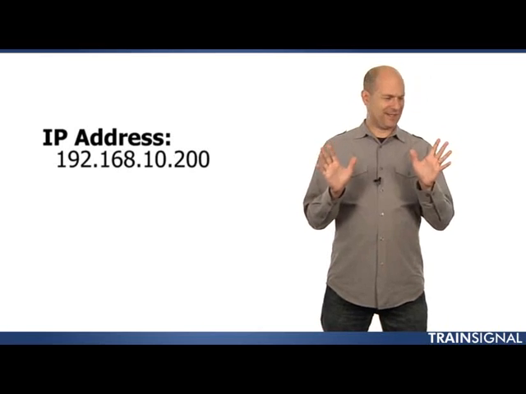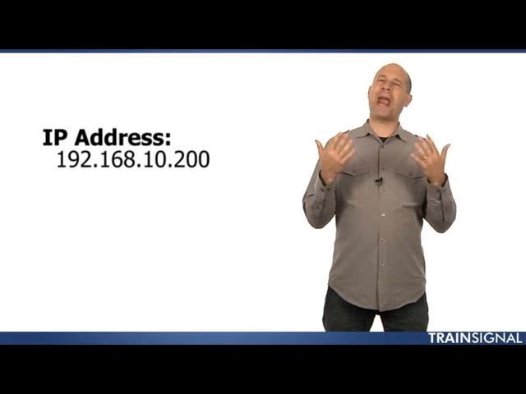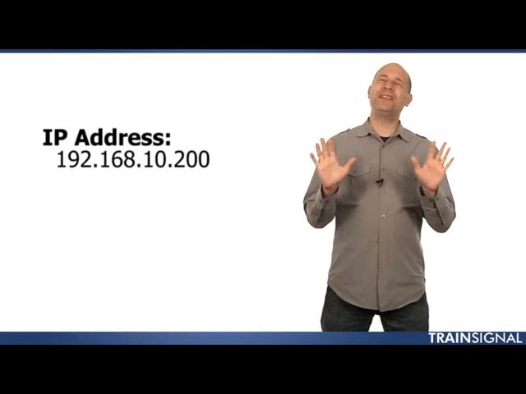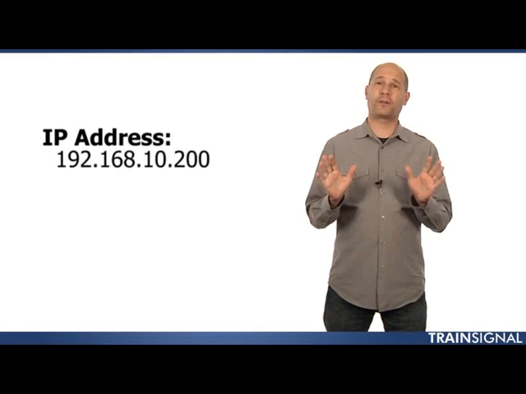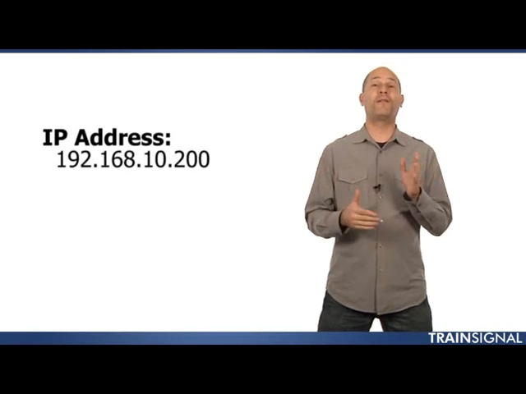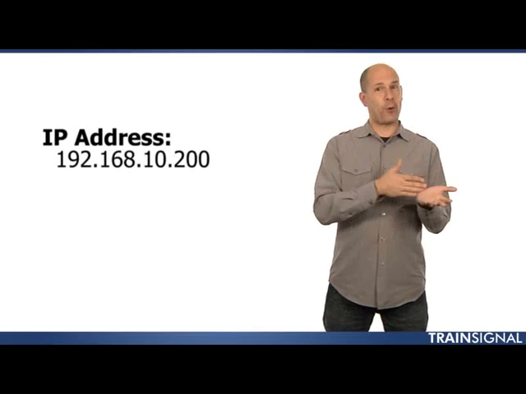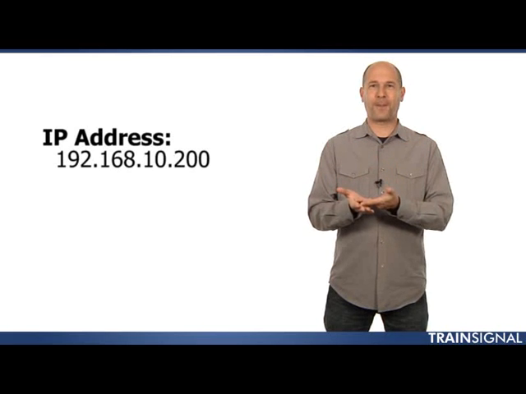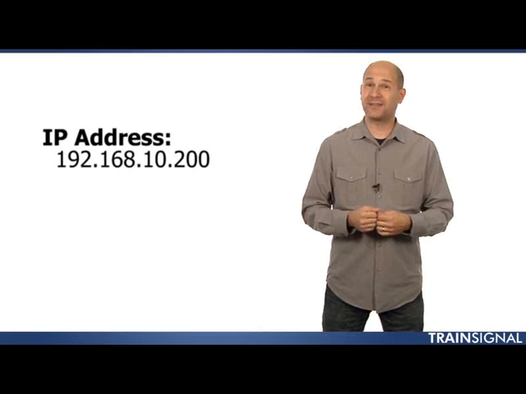Maybe I should just rename hands as computers. But anyway, in order for these computers to be able to talk to one another, they have to have some form of addressing so that we know how to get the information from one computer over to the other. And in computer networking, that's called IP addressing.